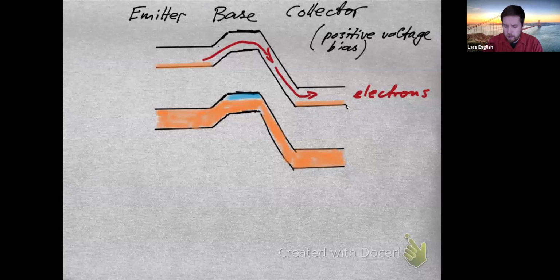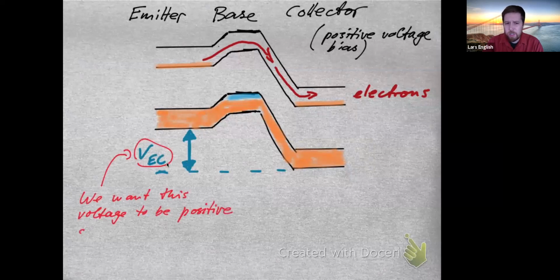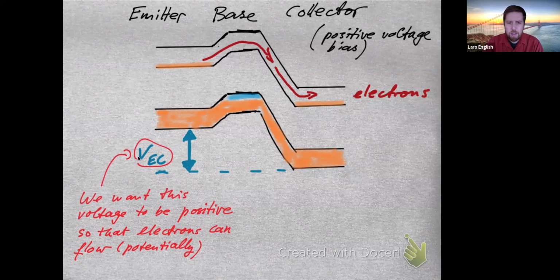They're rolling downhill because we've introduced this voltage, this potential difference between the emitter and the collector. We call it V sub EC, the voltage between the emitter and the collector. And we want this voltage to be positive so that the electrons can flow. As we said in the very beginning, we wanted that to be a positive voltage.